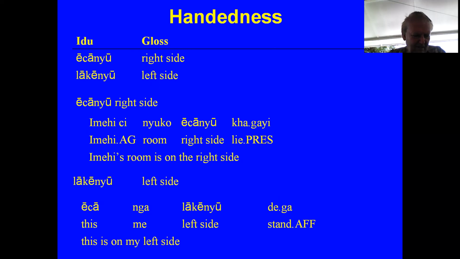You can have Ichanyu, for example, on the right side, so that describes the position of the room in a locative way, but you can also have Lakenyu, left side, standing for a noun itself. So it just stands alone, meaning on the left or on the left side, something like that. So that's pretty close to the English concept. It doesn't really imply significant directionality.